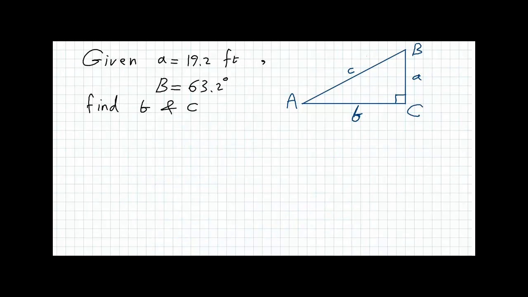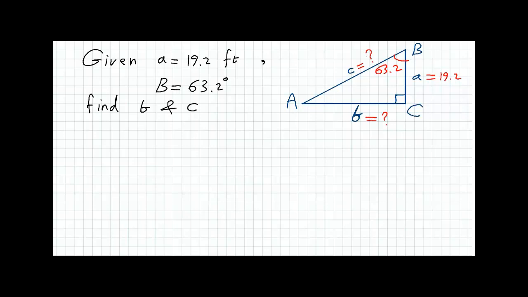A final example. You are given a is equal to 19.2, and the angle B, which is 63.2 degrees, and you are asked to find b and c. With respect to angle B, a is the adjacent, and we are thinking of finding side b first.